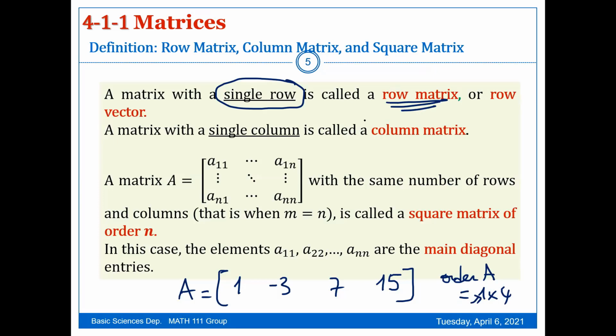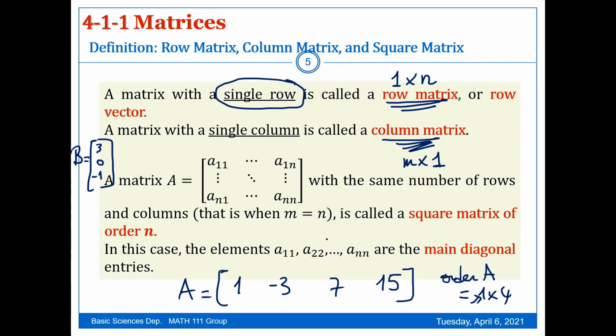So a row matrix is a matrix with a single row. What about a matrix with a single column? For example 3, 0, minus 1. This is a matrix with a single column. It's called a column matrix. It's M times 1, here 3 times 1. For a row matrix it's 1 by n.